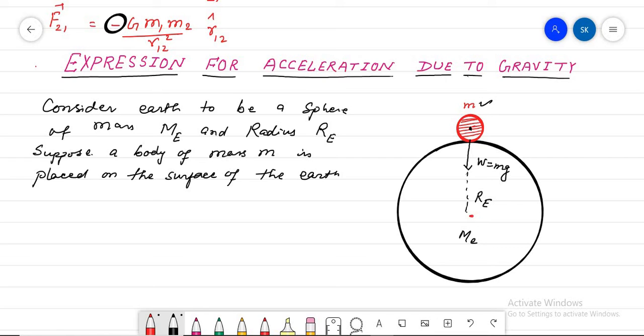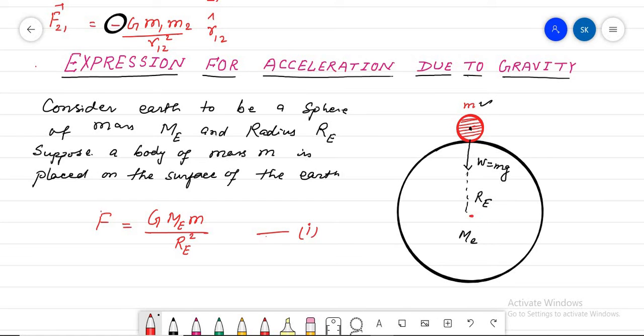According to the law of gravitation, the force of attraction on the body due to earth is given by F equal to G mass of earth ME, and the second mass is small m, which is the mass of the object placed over the surface of the earth, over the radius RE square. Consider this is equation 1.